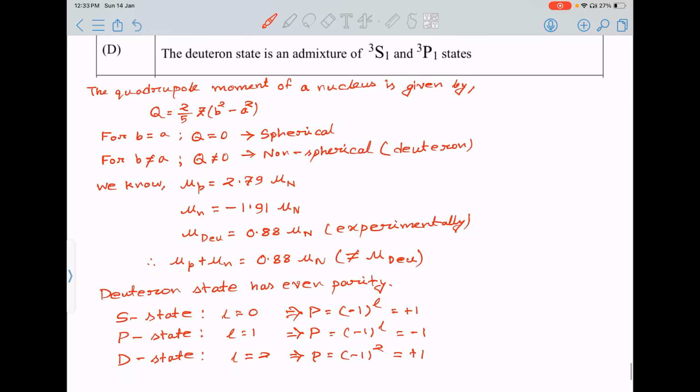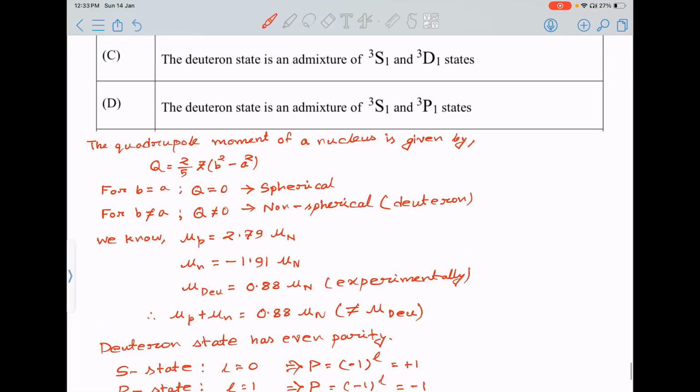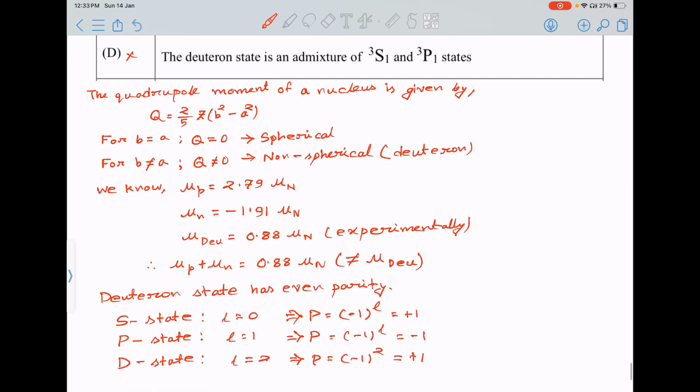So it is not a mixture of 3S1 and 3P1 states, and it may be a mixture of 3S1 and 3D1 states.